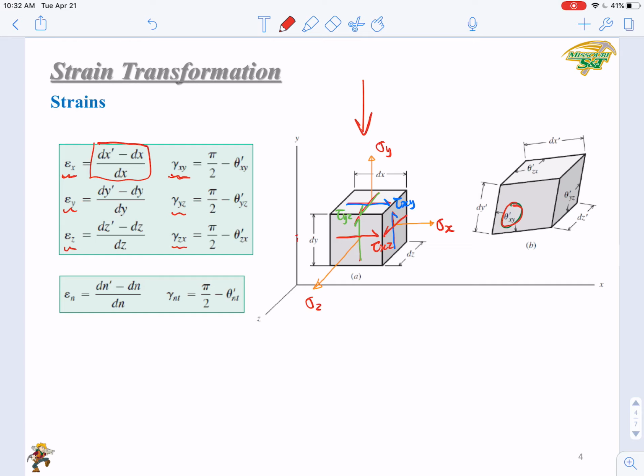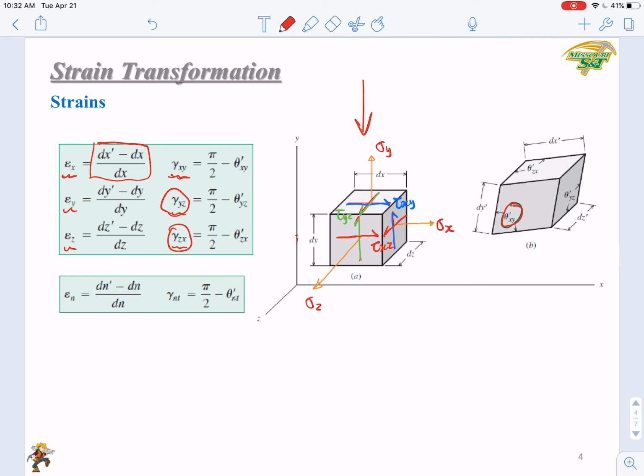So when theta xy prime is smaller than 90 degrees, gamma xy is positive. When it's larger than 90 degrees, gamma xy is negative. In the same way, you can also define gamma yz and gamma xz. These are the definitions of the six strain components.